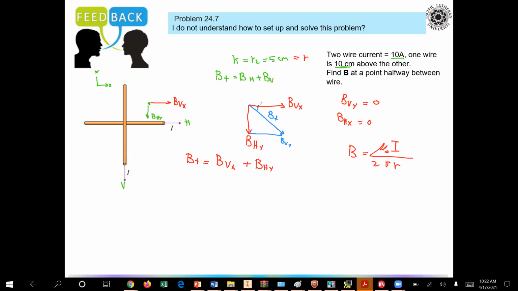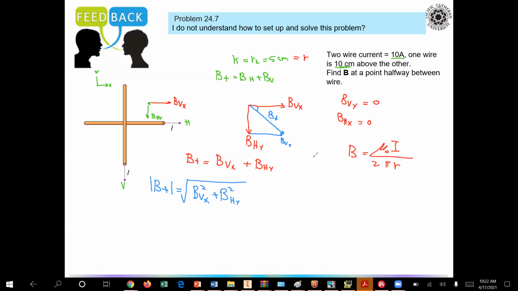The angle, or the direction, is 45 degrees clockwise along the positive X. About the magnitude, I have to find the magnitude for this line, the Bx squared plus By squared. So that's what we end up with for the magnitude, B total. It is the square root of B vertical X squared plus B horizontal Y squared.